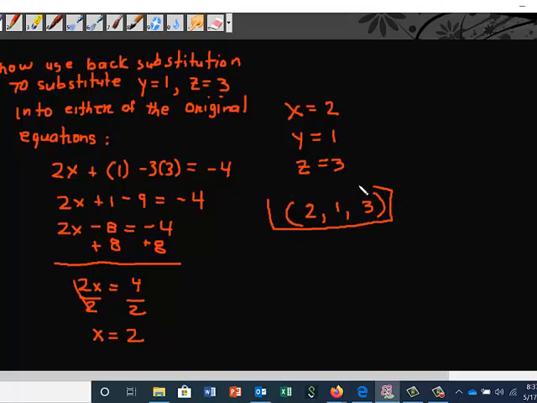Now let me show everybody out there and all over the world how, after you've gotten your solution, you can plug it back into the original system to see if it's correct. And let's hope that that is true. So let's do that.